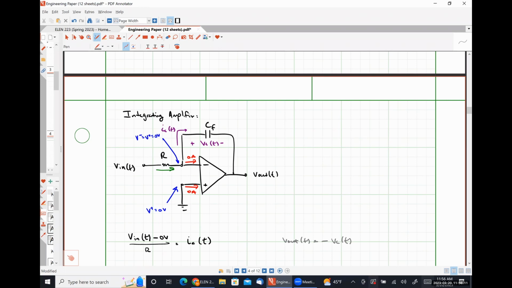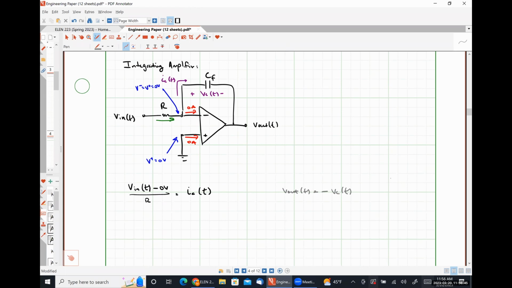So this is supposed to be an integrator. So I want to take the integral of both sides. Having a little bit of a brain fart here to remember how the math shakes out. We know that VC of t, let's just look at it.